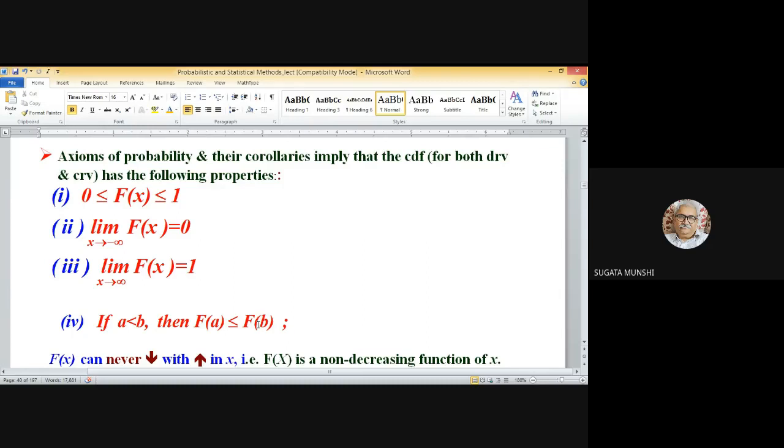So with increase in the value of small x, the value of capital F can never decrease. It will either increase or remain constant. So it's a non-decreasing function of small x. Non-decreasing, that's the exact term. Note down these properties.